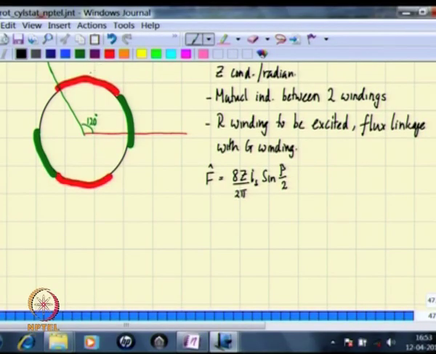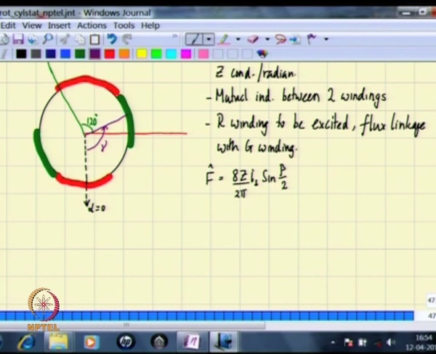Now, we need to consider an elementary coil, and as before we will consider this axis for alpha, that is alpha equal to 0. We will consider an elementary coil at some place here, which is at an angle gamma from the alpha reference axis.